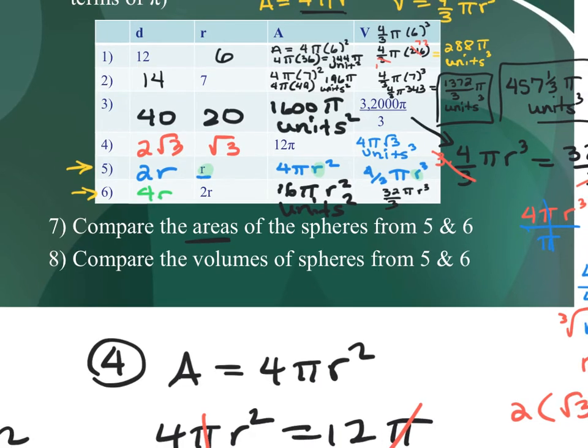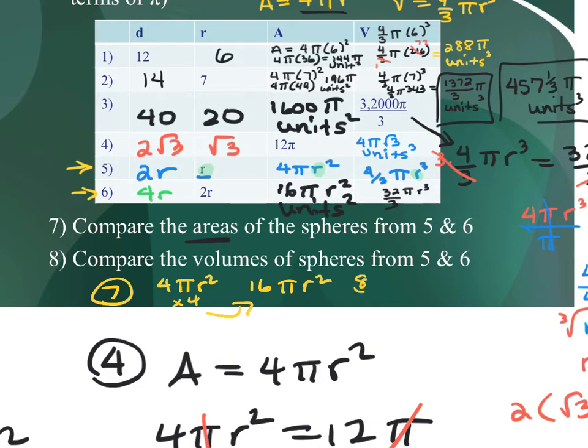So for number 7, the area for number 5 was 4 pi radius squared, and the area for 6 was 16 pi radius squared. So notice you can either think of it as we just timesed it by 4 to get that, or we squared the first area. We're going to see more of this, how we compare the similar solids, in lesson 9.